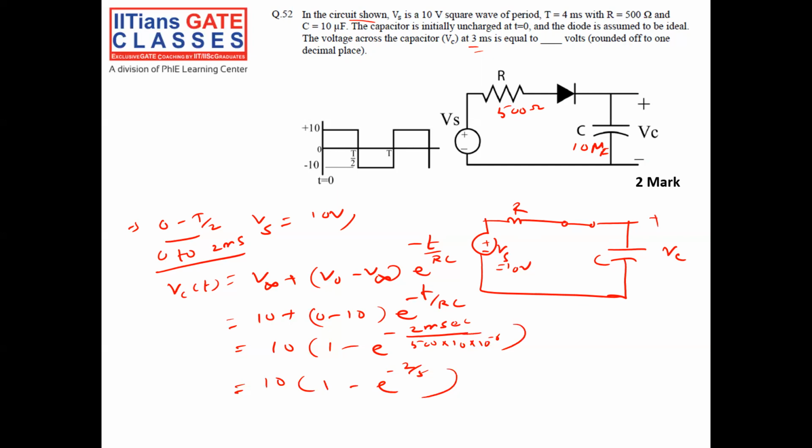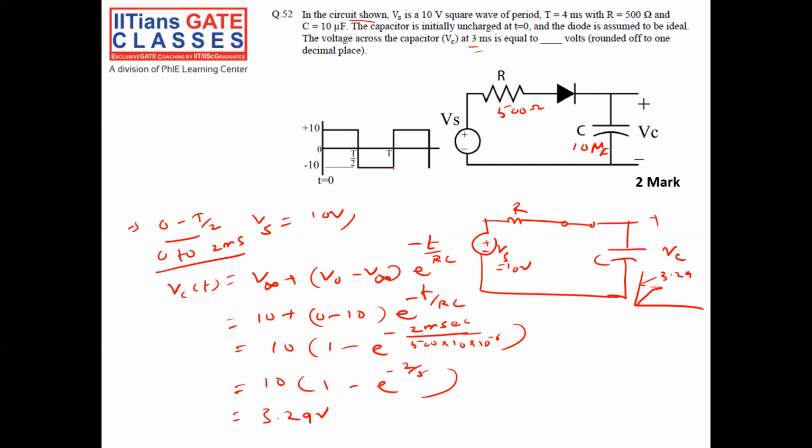I got 3.29 volt. From 0 to T by 2, the capacitor will charge and reach 3.29 volt.